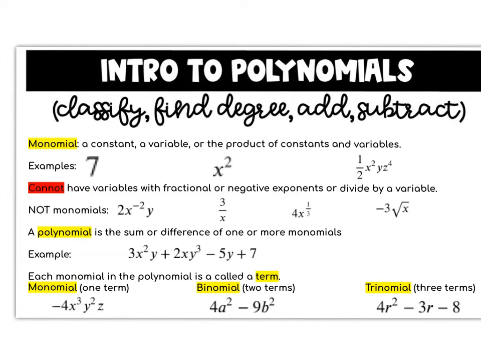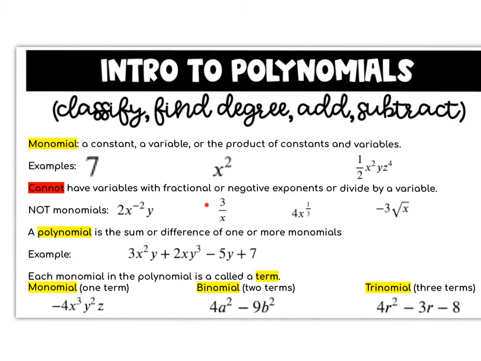There are some things that it cannot have. You cannot have variables with fractional or negative exponents, and you can't divide by a variable. So 2x to the negative 2y is not a monomial because of that negative exponent. 3 over x is not a monomial because you're dividing by a variable. If you'll remember, negative exponents and dividing by the variable, that's the same thing, right?